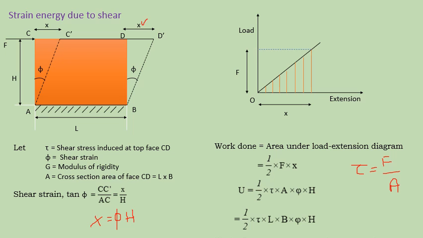So the above equation can be written as tau into area, which is L into B, into phi into h.